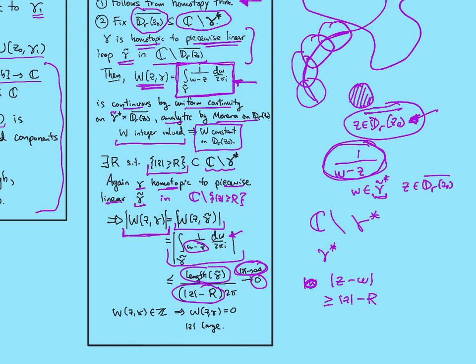So as z goes to infinity, this goes to 0, but it's locally constant, so it has to be 0 for all z large.